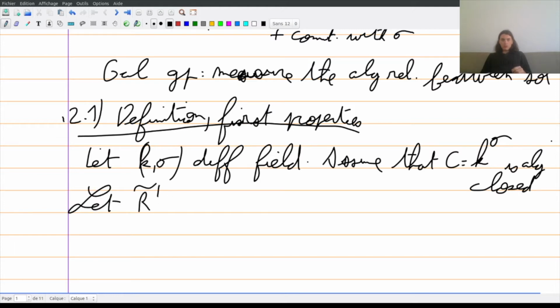So let R-tilde be the Picard-Vessiot extension.